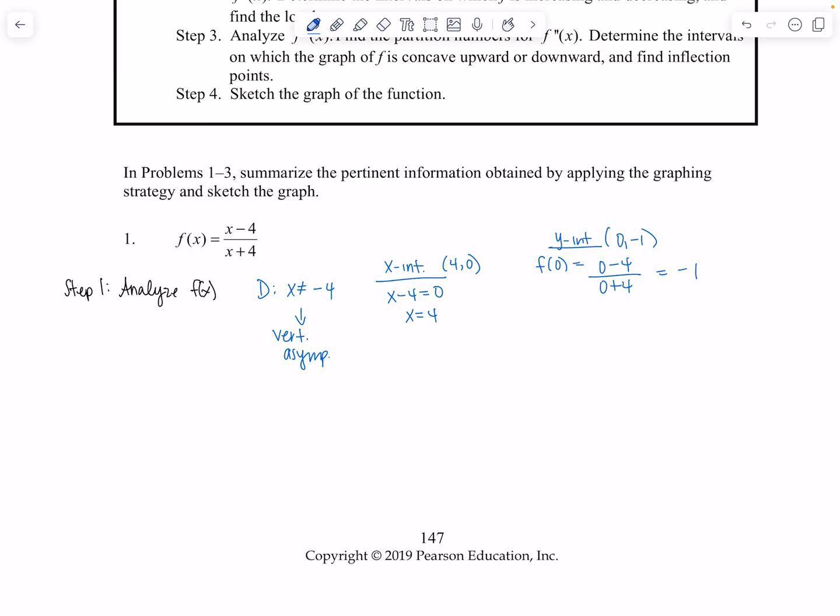And here, since our exponents are the same, right, we have x to the 1 over x to the 1, then that tells us we'll take the coefficients. So it's just a 1. So vertical asymptote was negative 4, horizontal is just y equals 1. So we found all that we can find from our first step.